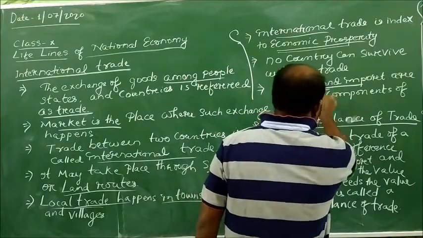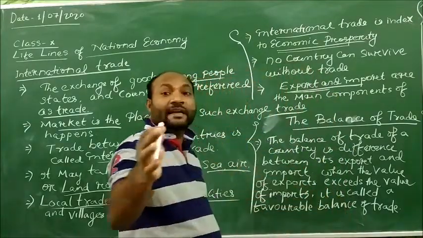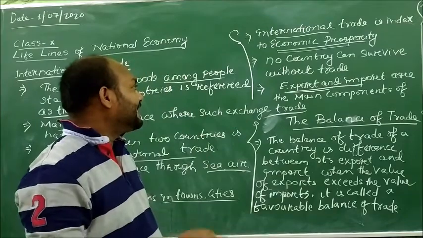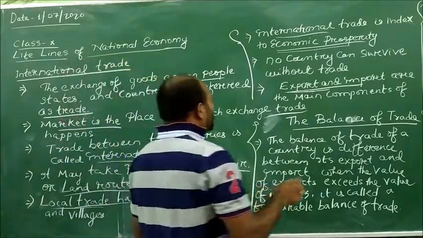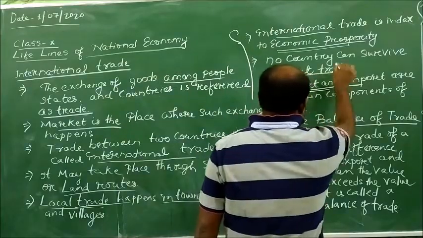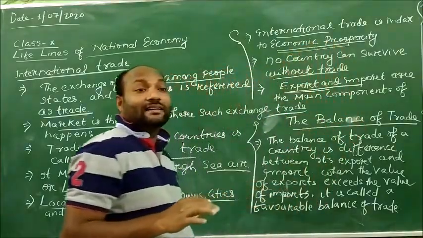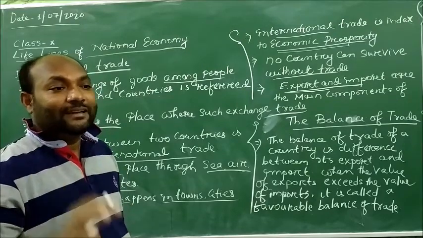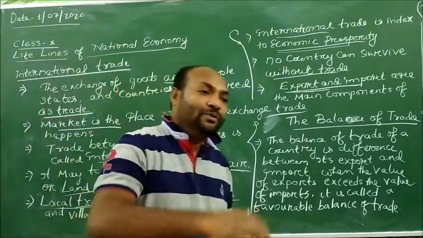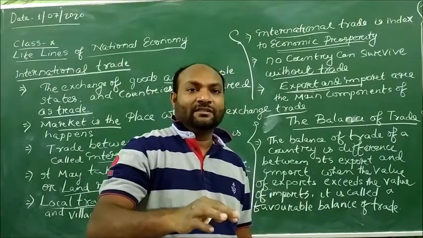So children, here I was telling you that these export and import activities are the main components of trade activities, and no country can survive without having trade activities with other nations, because the resources are not good enough to fulfill the demands of the society.